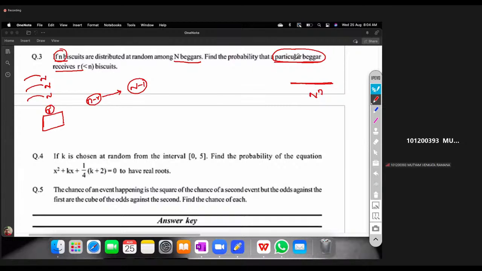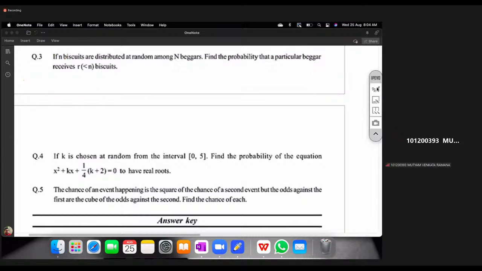So this fellow will receive R biscuits in one way, and the remaining n minus R biscuits will go to n minus 1 to the power of n minus R. Now, if instead of a particular beggar, any one beggar needs to get them, you can go ahead with NC1, because selecting that beggar can be done in n ways.